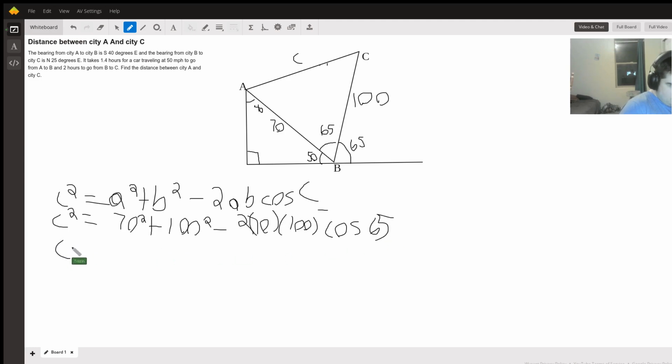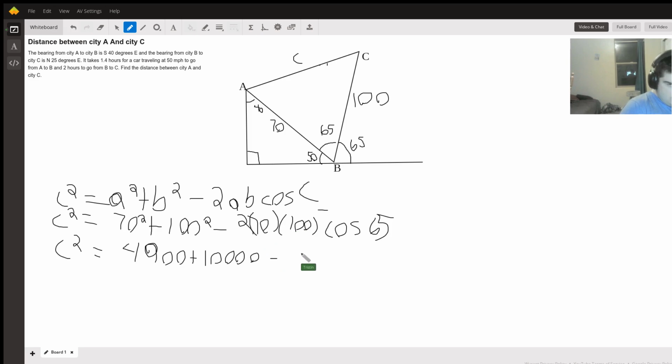Let's simplify this a tiny bit. We get that this is 4,900. And this is 10,000. Is 100 squared 10,000? Just do the math. 10 squared is 100. Yeah, 100 squared is 10,000. Okay.